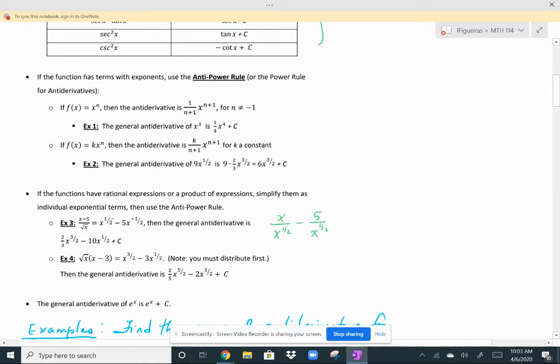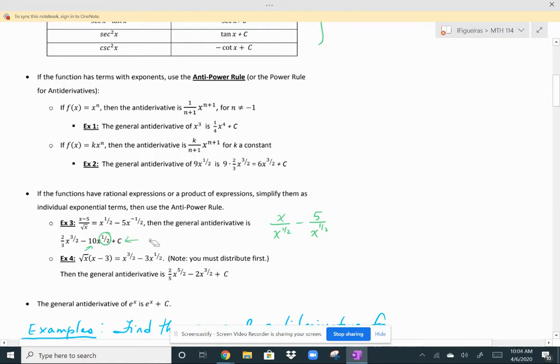When you add 1 to a half, you get 3/2 and then multiply by the reciprocal. So the first term is 2/3 x to the 3/2. For the second term, we do the same thing. You add 1 to negative a half to get 1/2, and then multiply by the reciprocal, which is 2. 5 times 2 gives you 10, and then don't forget to add your constant.